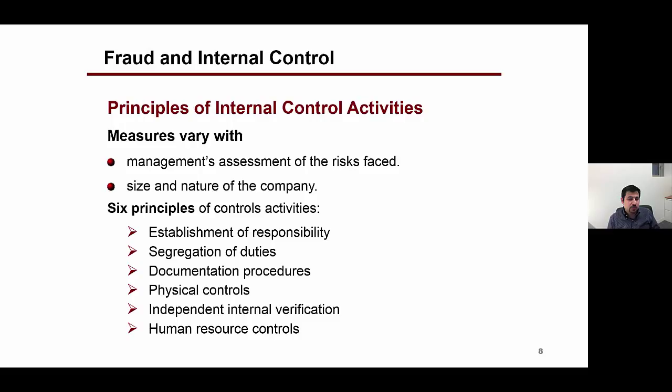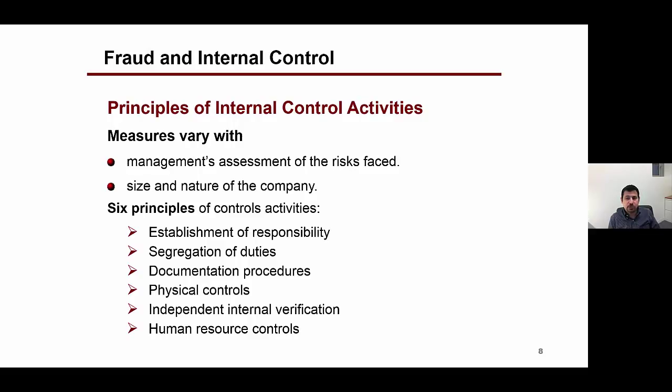Segregation of duties means not to have two related roles pertaining to the same task. For example, you cannot request reimbursement and approve the reimbursement yourself. There must be someone else who is providing this approval, or someone else who is verifying the information.